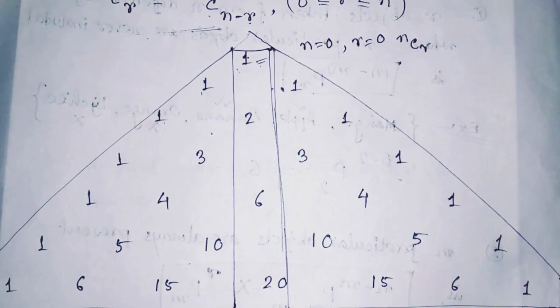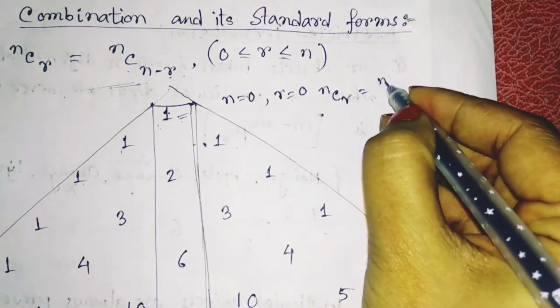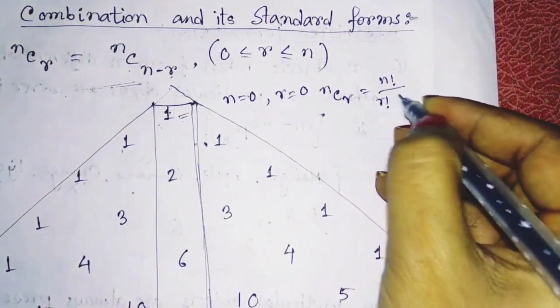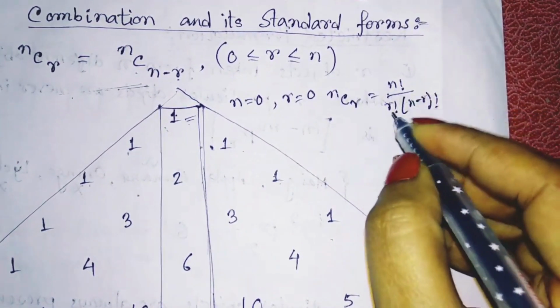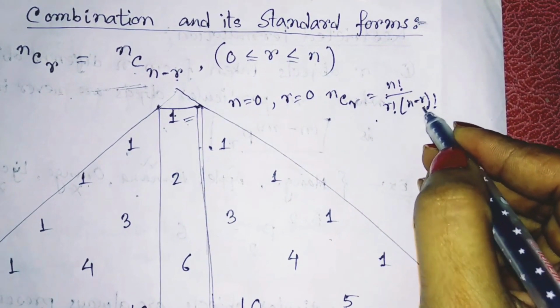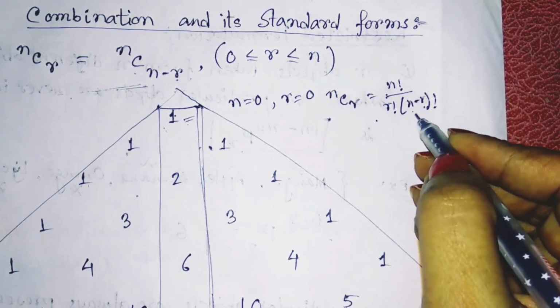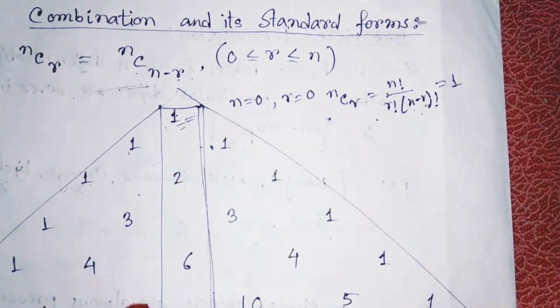Here 0C0 means obviously it is 1, because the formula we know is n factorial divided by r factorial into n minus r factorial. So 0 factorial is 1, r factorial is 0 factorial, which is 1, and n minus r means 0 minus 0 factorial, that is again 1. So the total value is 1. That's why this coefficient we have written here.